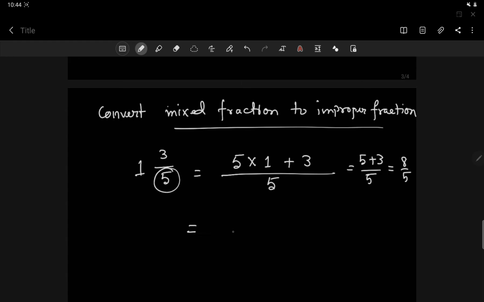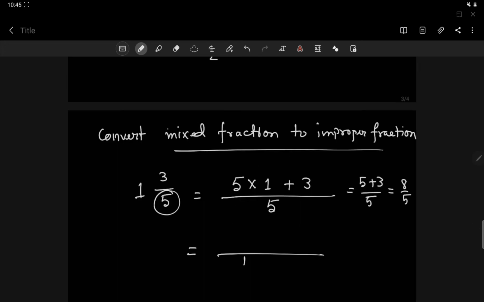So how to write it? At first the divisor, divisor into quotient plus remainder. So you can convert a mixed fraction to an improper fraction in this way.